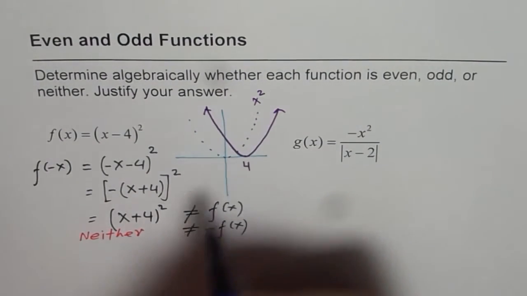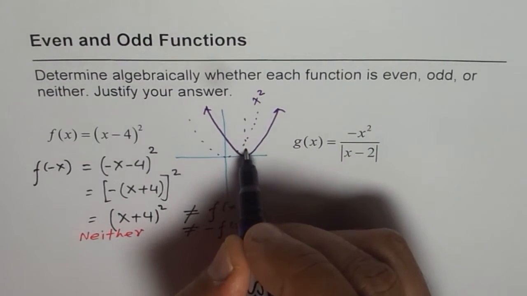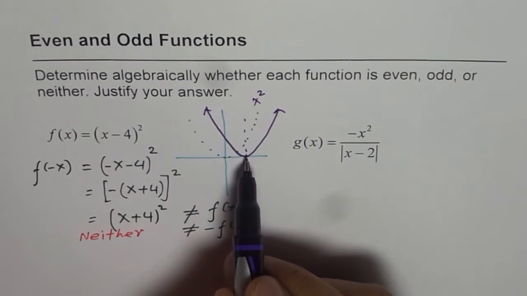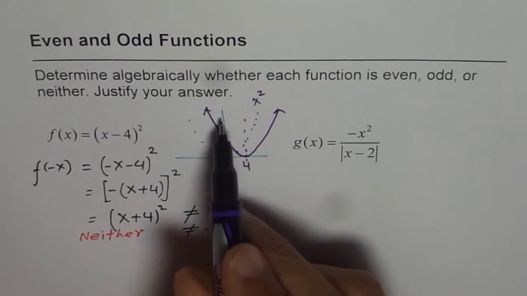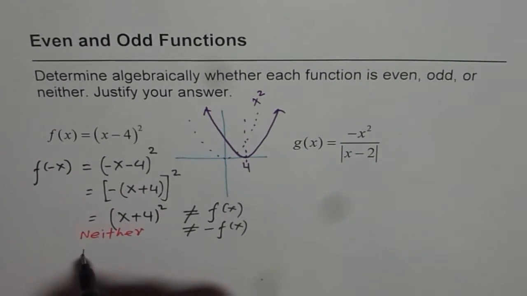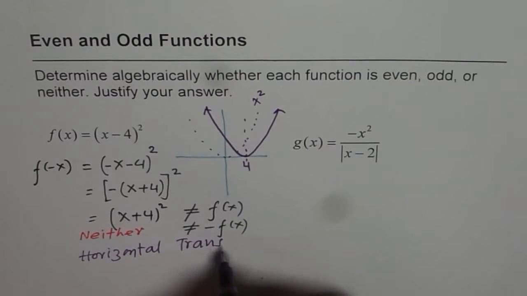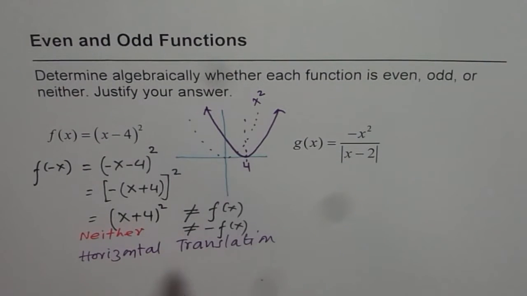As you can clearly see, since it has horizontally shifted, it is no more even. The line of symmetry has changed from the y-axis to x equals 4. Even functions will have the line of symmetry as the y-axis, right? So whenever a horizontal translation actually affects the symmetry for even functions, do you see?